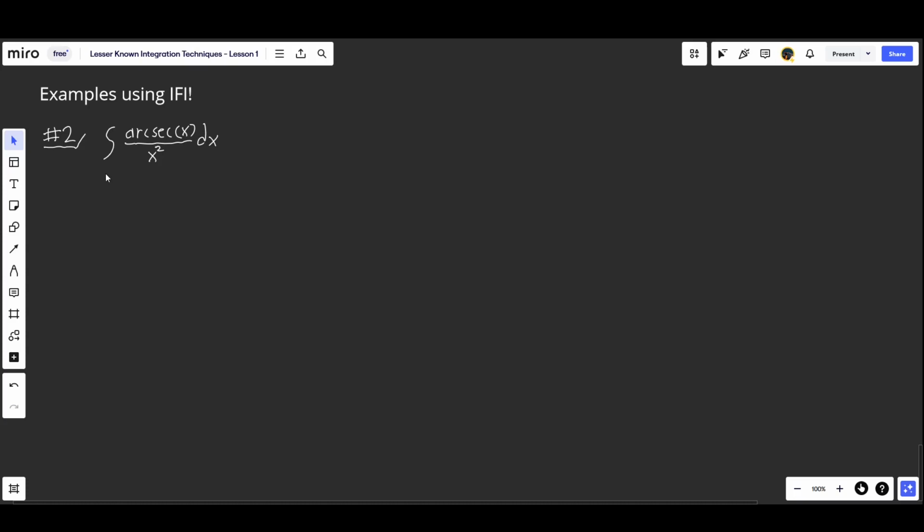Here we have a more daunting integral, the indefinite integral of arcsecant of x over x squared with respect to x. As in the previous integral, I'm going to first evaluate it using more traditional integration techniques, and then I'm going to do it using inverse function integration. At the end, we'll then reflect upon which technique seems to be more appropriate.